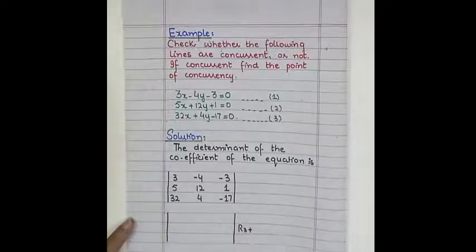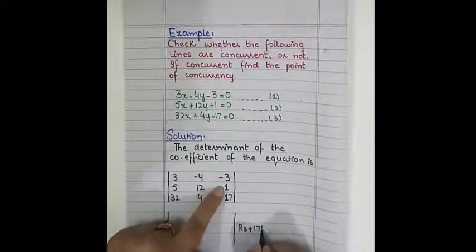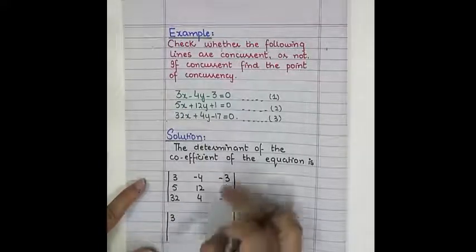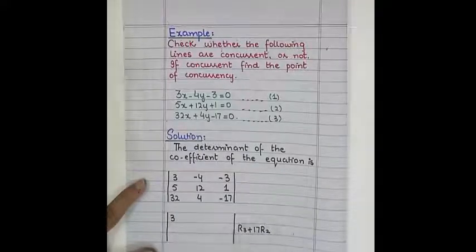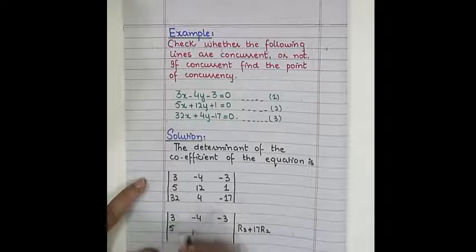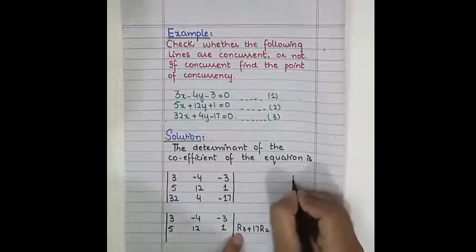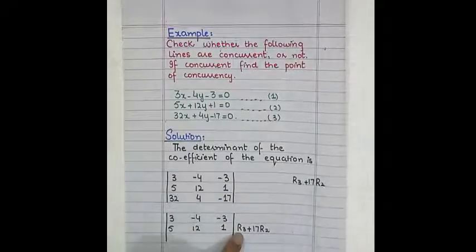R3 plus, we can write 17 times R2. So this will give us 0. Let's check. First we will write R1 and R2 as they are. Then we will calculate R3 and write the answers accordingly. Now we have R3 plus 17 times R2.